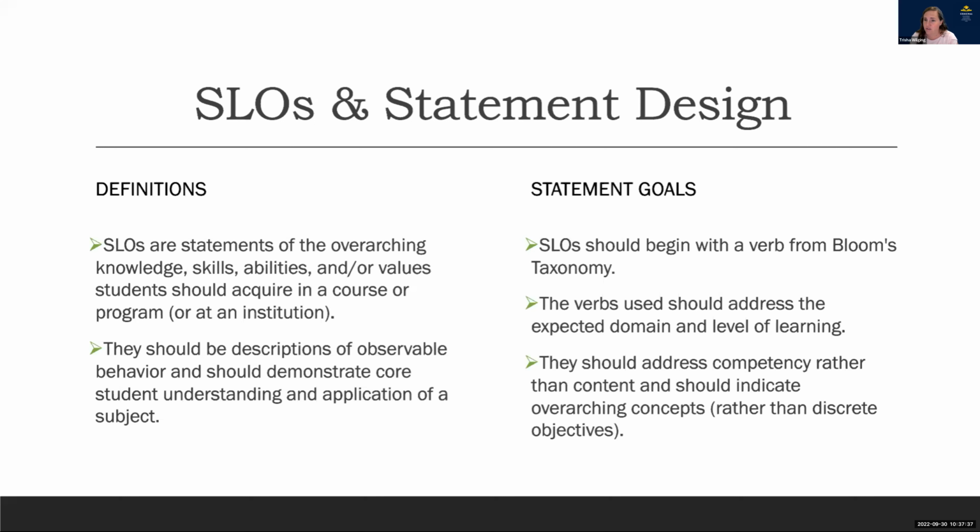Some goals for the expression of SLO statements: they should begin with a verb from Bloom's taxonomy, address the expected domain and level of student learning, address competency rather than content, and focus on overarching concepts rather than discrete objectives or small lessons. Those are some guiding principles we have.